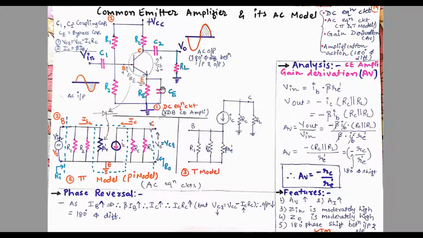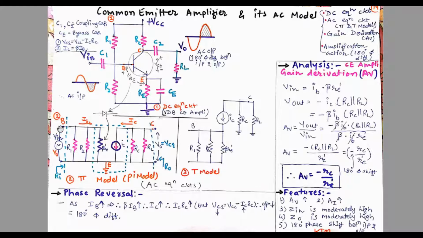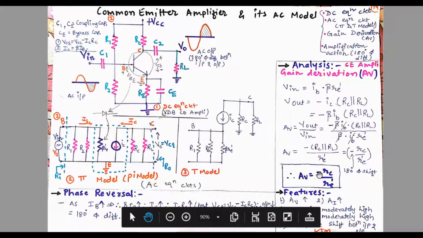We have drawn the two assumed models, the pi model and the T model. Out of these two models, the pi model is the standard model. It is an assumed model from the DC equivalent circuit, drawn like this, with a ground line and an inverted pi shape. Input is assumed as a diode, with its internal resistance, beta Re dash, drawn in place of the diode, and output is assumed to be a constant current source. We have studied the analysis, and mainly the voltage gain derivation.